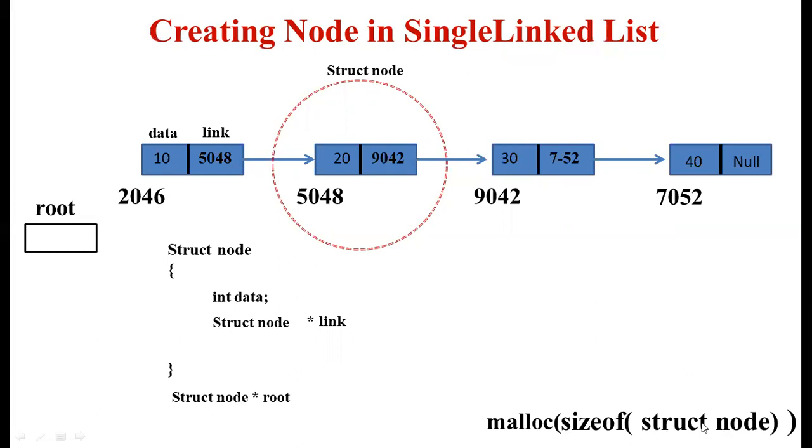So can you say how many bytes? It will allocate only to the first node. So this is my first node. So it will allocate memory only to this first node. So can we collect this value directly?